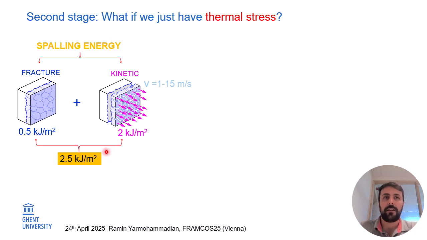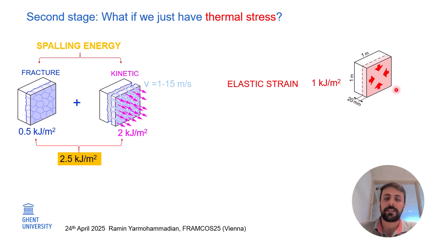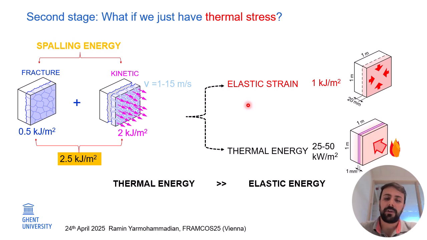And how much energy do we have from thermal stress in the whole concrete cover? In 20 millimeters of concrete cover, we have just 1 kilojoule per square meter stored there. So obviously this 1 kilojoule per square meter cannot give us enough energy for accelerating particles, so we need an alternative source.